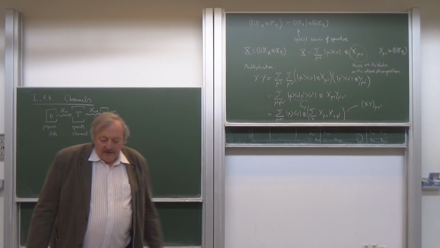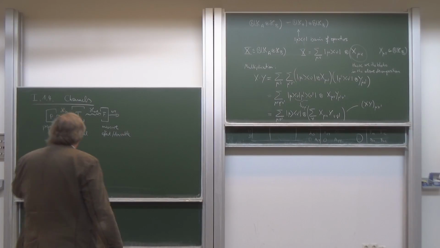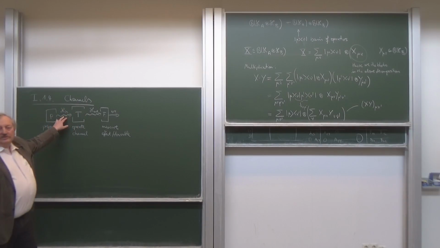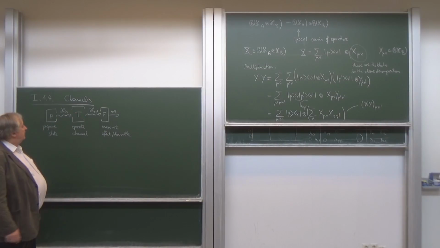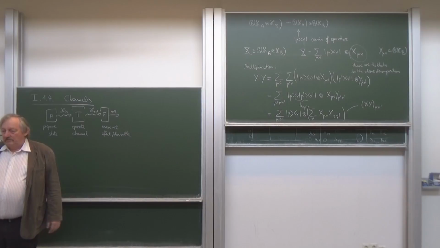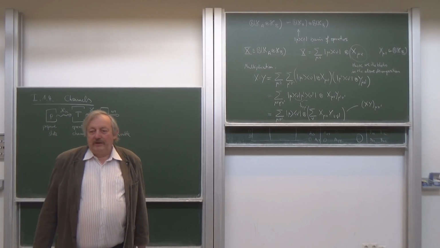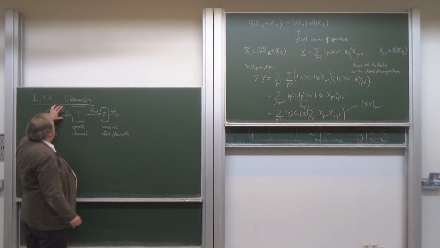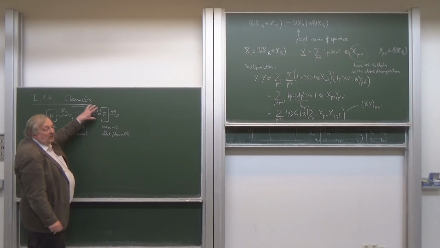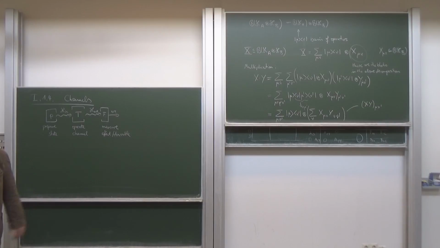For example, the Hilbert space H in could itself be a composite. So there are two systems that we're actually feeding to the channel. And we are making a measurement on one of them and doing something to the remaining partner depending on what we measured. So then, of course, the system that we measured on is no longer present in the output. And therefore, the Hilbert space can actually change. So this happens all the time.